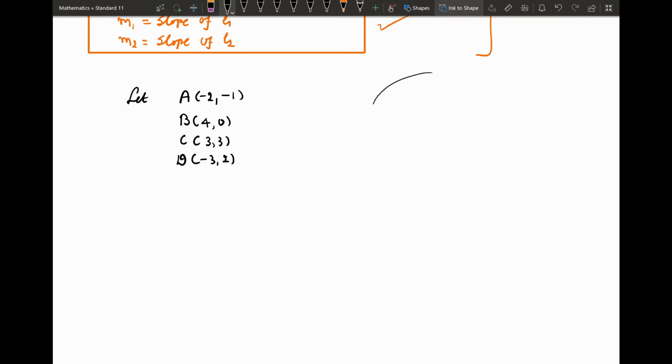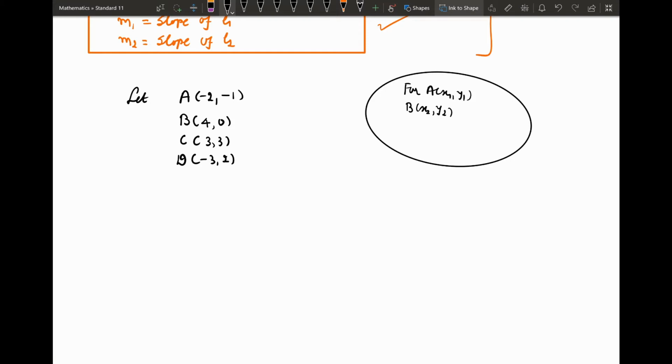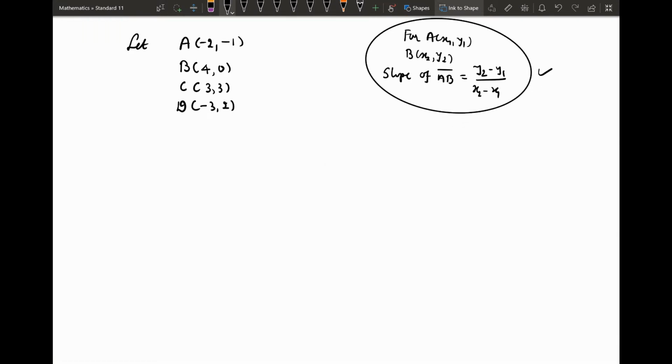Now we know the definition of slope: for A x1 comma y1 and B x2 comma y2, the slope of the line segment, or line, it is one and the same, is by definition y2 minus y1 upon x2 minus x1. So we use this definition to find the slope of line segments AB, BC, CD and AD.